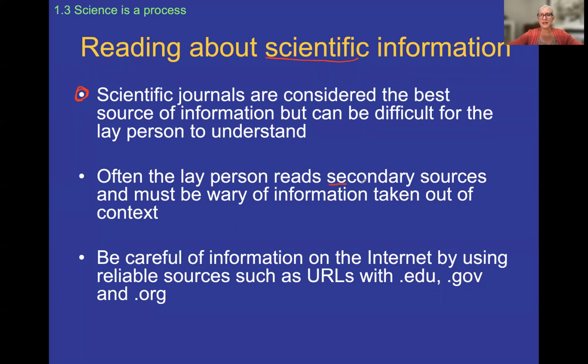Secondary sources, whether it's Time Magazine or a website that you look at, will read those scientific articles and then give the interpretation of that. But you should be wary of information that might be taken out of context if you're not looking at the original source in the scientific journal or reporting.